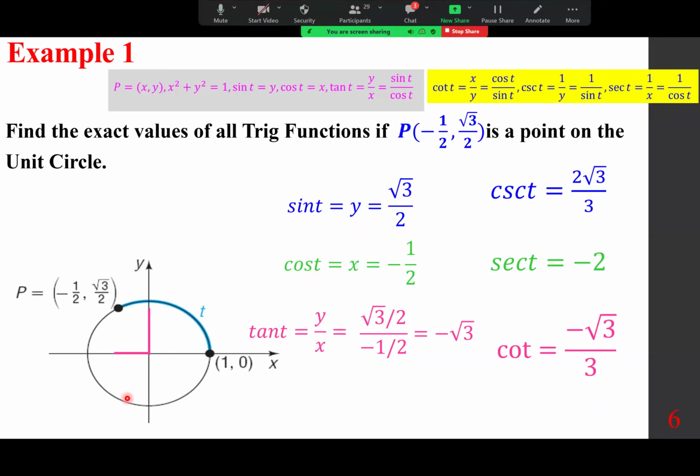I'm going to actually show you that one. This is 2 over square root of 3, the reciprocal, and you multiply by square root of 3 top and bottom, and you get that. This one is 1 over -1/2, which gives you -2. This one gives us 1 over negative square root of 3, the reciprocal.